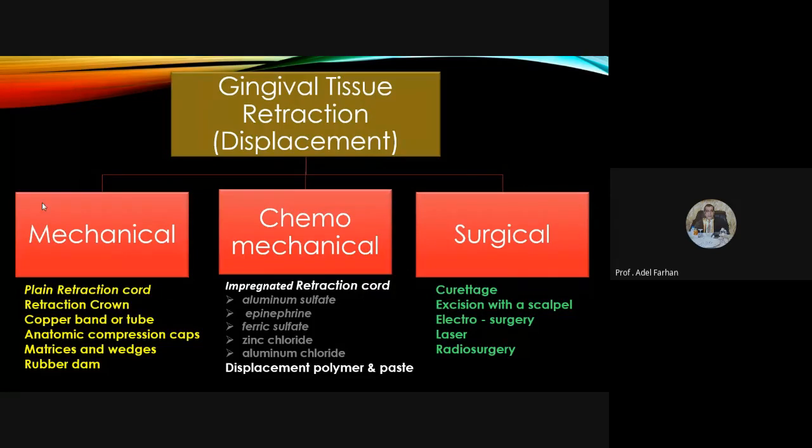It is a force, like when someone puts a water hose on the tap, it is small, but when you push it in, it will expand. It is the same: a physical force that acts to expand the sulcus. We can use retraction cord, a crown with a long margin, copper band or tube, anatomic compression cap, matrix sandwich, and rubber dam.